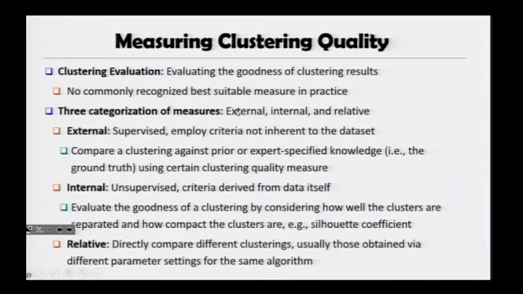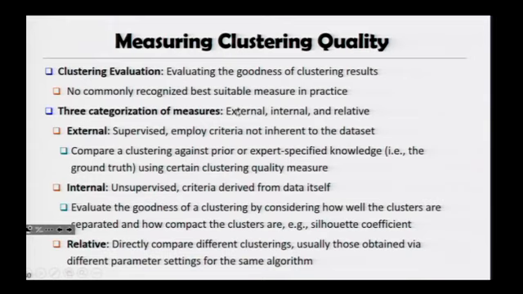So there are 3 categories of clustering measures. One is called external, meaning that you actually have some ground truth in mind. For example, you know which segment each customer belongs to, and then you use this ground truth to do the evaluation.